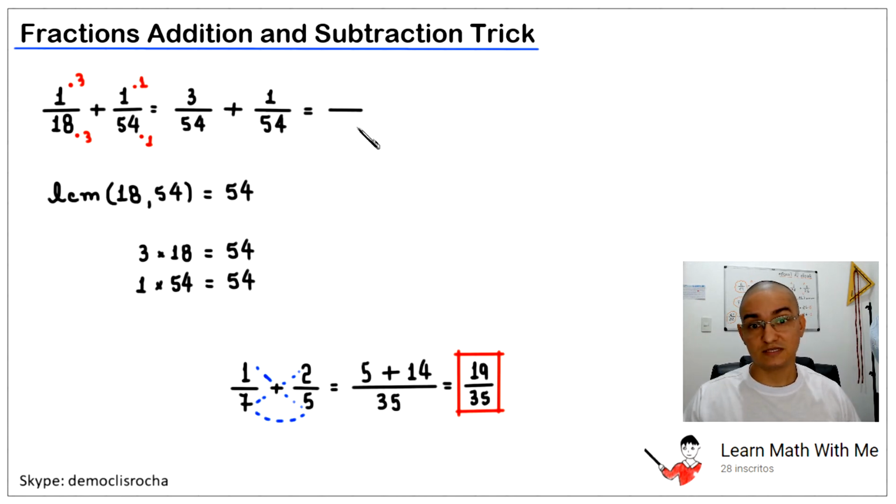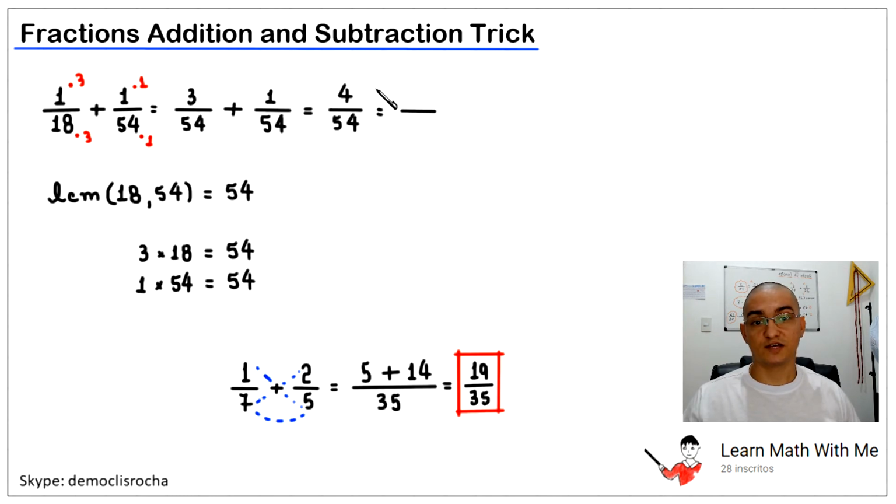You just repeat that denominator, 54 in this situation, and you work with the top numbers. 3 plus 1 equals 4, right? Now we have 4 over 54. That is a good result, that is a right result, but still I prefer to simplify, so I can write a fraction involving smaller numbers, okay?